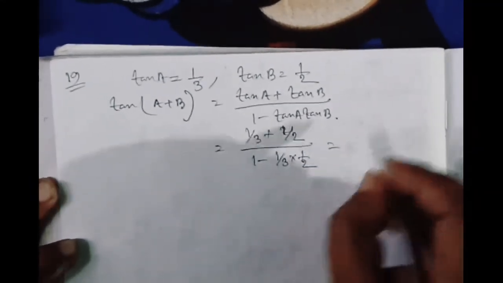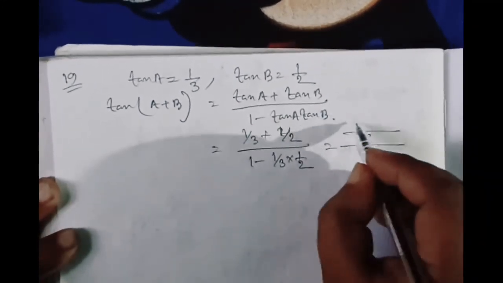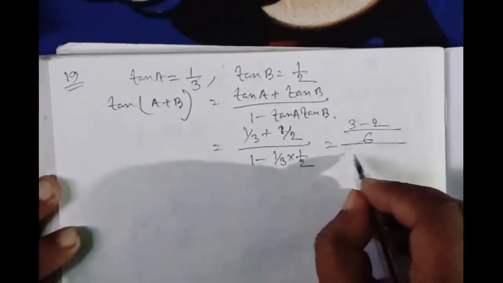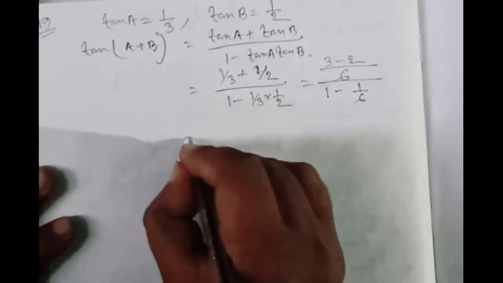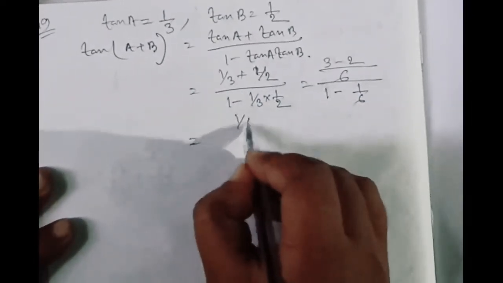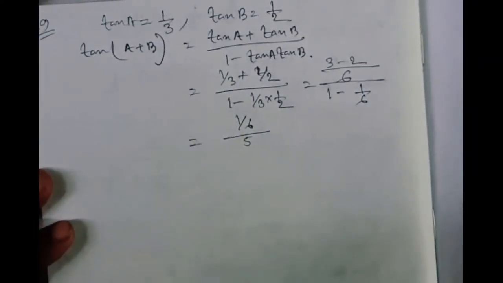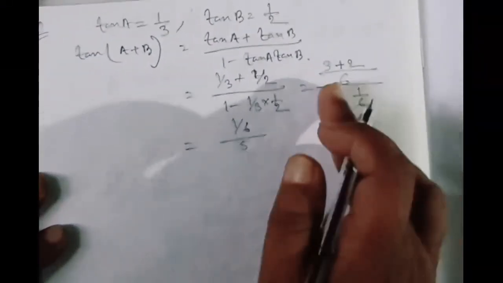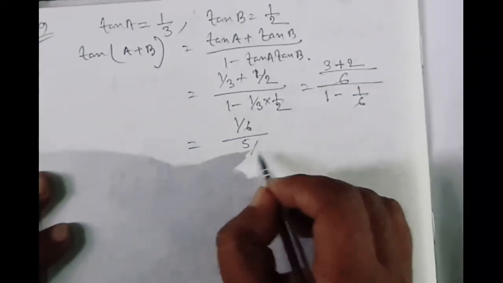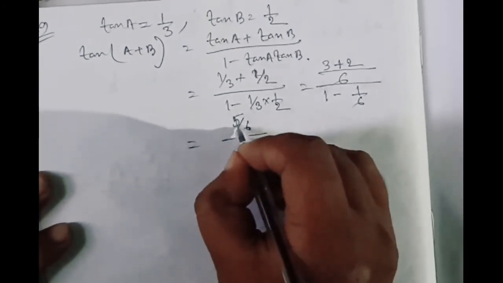If we calculate it, this is 1 minus 1 by 6, which is 1 by 6 obviously; the numerator is 3 plus 2, that is 5 by 6.